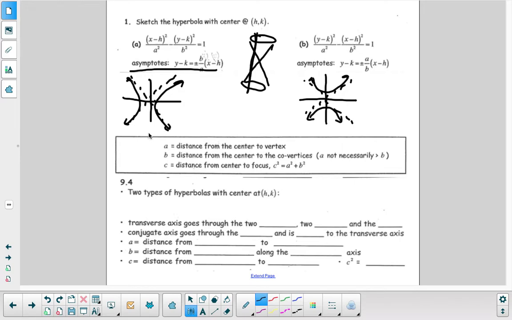And I'll show you what I mean in a second. I don't graph the foci. You could, and if MyOpenMath does ask you to do it, then you just have to find it this way. And the foci are within the bowls, so it's going to be this distance away from the center and to the inside of the hyperbolas.